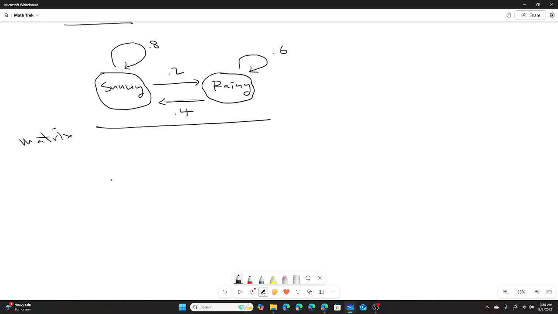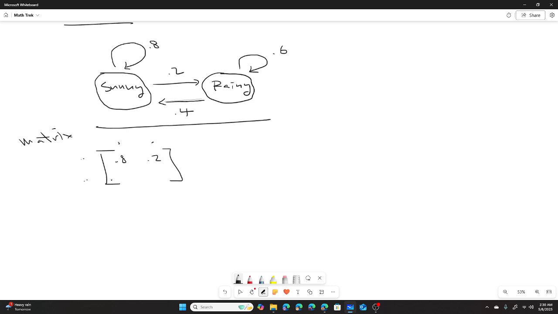So the matrix that they would have would be that, okay, if this is sunny and this is rainy: if today is sunny and tomorrow will also be sunny, it's going to be 0.8. If today is sunny and tomorrow is going to be rainy, it's going to be 0.2.